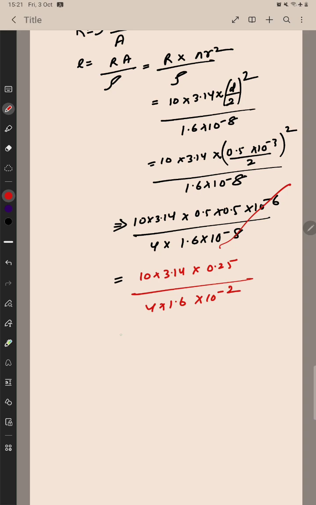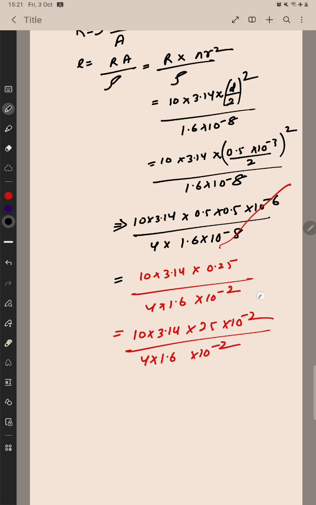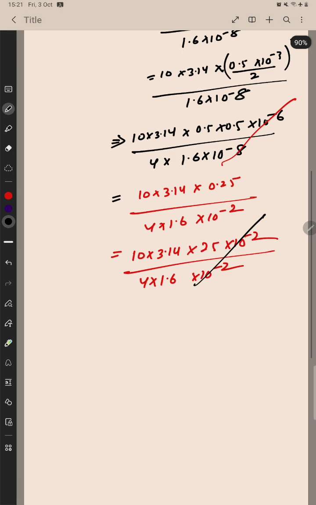Okay. Now what you can do here: 10 multiplied by 3.14 multiplied by 25 multiplied by 10 power minus 2 divided by 4 multiplied by 1.6 multiplied by 10 power minus 2. So this now cancels out. Now, students, these are not divisible, actually we have to multiply all the things to get the answer.